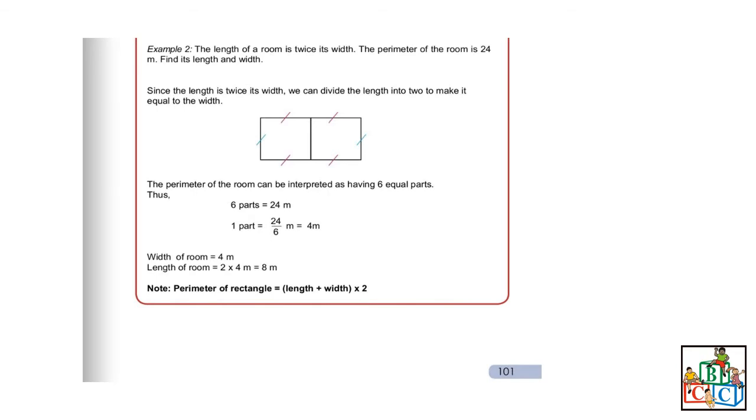So in a room you have four sides. You are going to add the 2, which is equal to 6 parts. Then you are going to divide 24 by 6. When you have divided 24 by 6, your answer is 4 meters. So the width of the room is 4 meters and the length is 4 times 2.